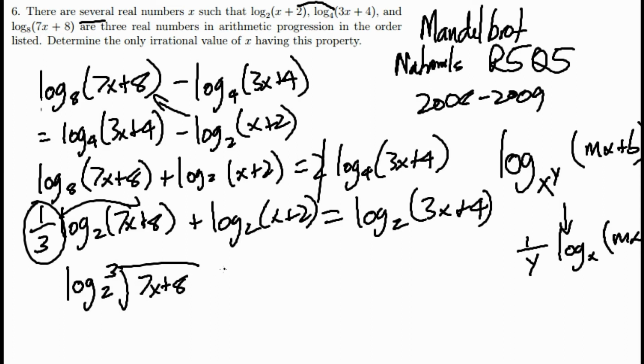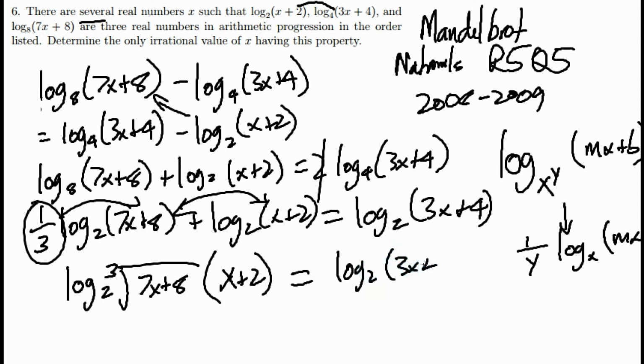So we take the cube root of this, and if you add two logs of the same base together, you can multiply the expressions within the logs together. So we have the cube root of 7x plus 8 times x plus 2 equals log base 2 of 3x plus 4.